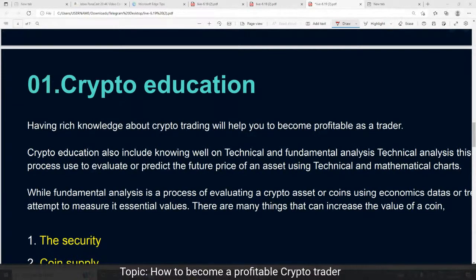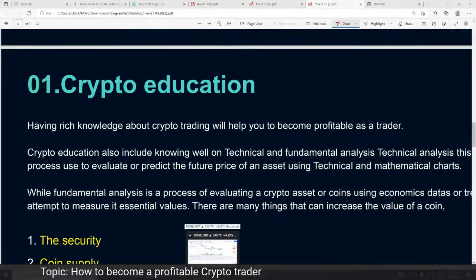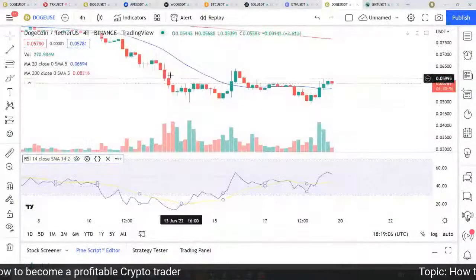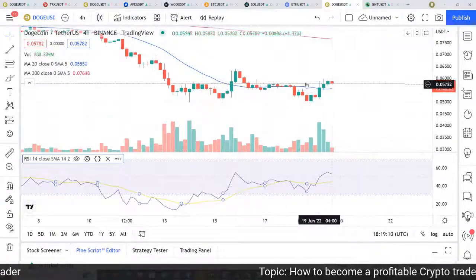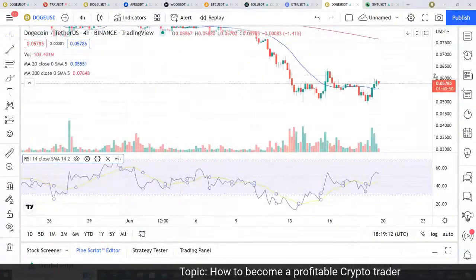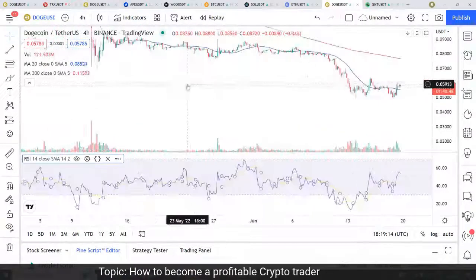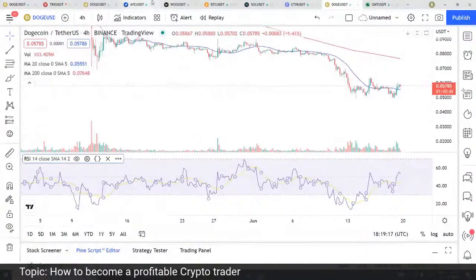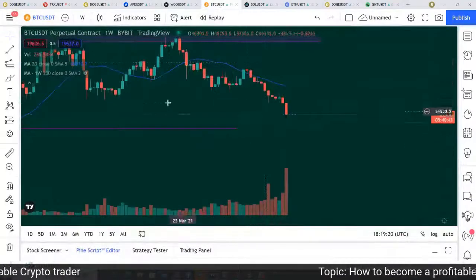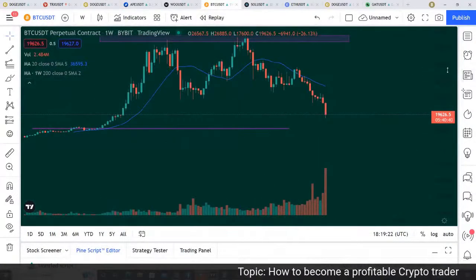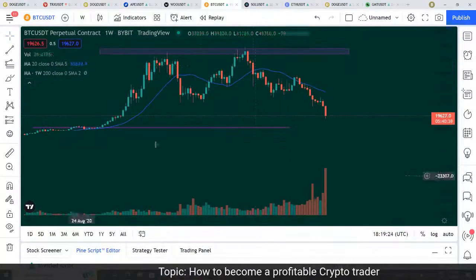So these are technical indicators. What you are seeing here is what is called technical analysis. Using charts to determine the future price of an asset is technical analysis, and all these things here have a meaning.